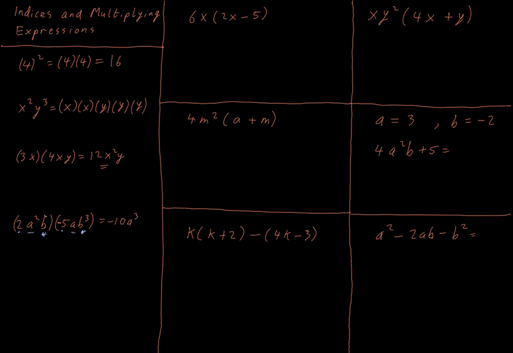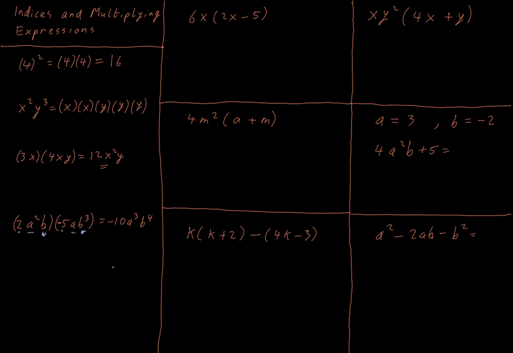And now the b, I have b multiplied by b multiplied by b multiplied by b. So I have 4 b's multiplied together in total. This is why it's useful to be able to expand out like this, because I can see that y cubed would be y by y by y. So b cubed is b by b by b. And then that's multiplied by another b. So I have 4 b's multiplied together in total.